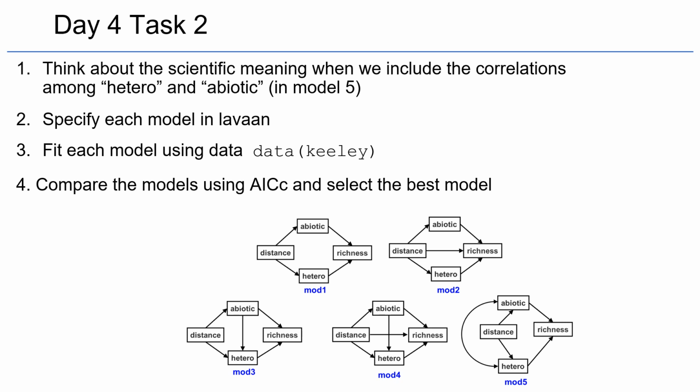And second, you have to specify each model in lavaan, fit each model using the data, and compare the models using Akaike information criteria. You know that our sample size is less than 250, that's why you have to use the AIC corrected for sample size. Then, based on this analysis, you have to select the best model.